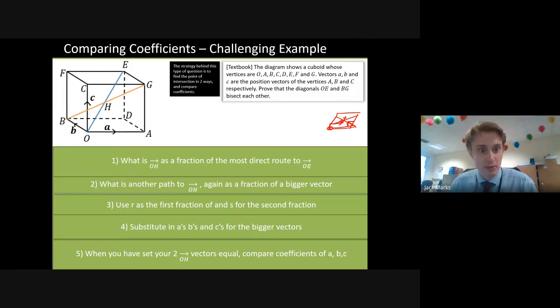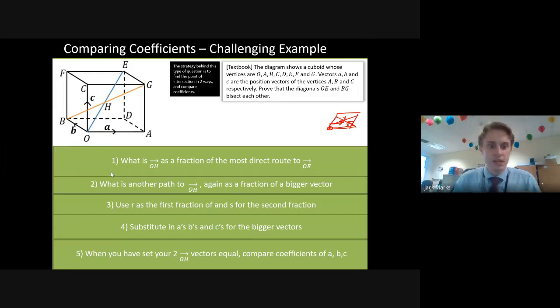Here, that would be the blue and the orange, because no matter if you go there really directly or indirectly, the i's and j's and k's, or the a's and b's and c's in this question, should be the same on both sides, because no matter how you express a vector from one place to another, it should have the same set of values.